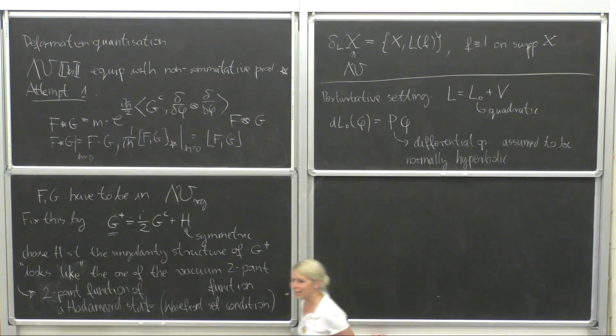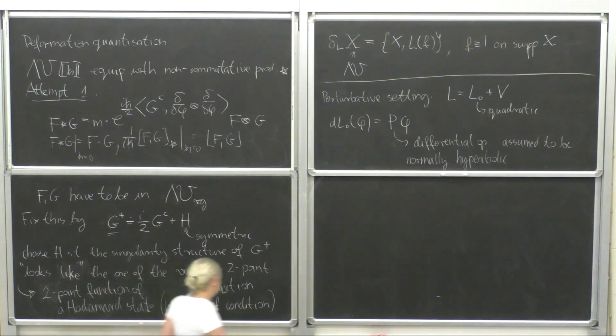That's a silly name. Yes? It is, because this is constant Poisson bivector, so that's obvious, even when you add the symmetric part. The symmetric part is still point independent. It's still constant. So that's safe.